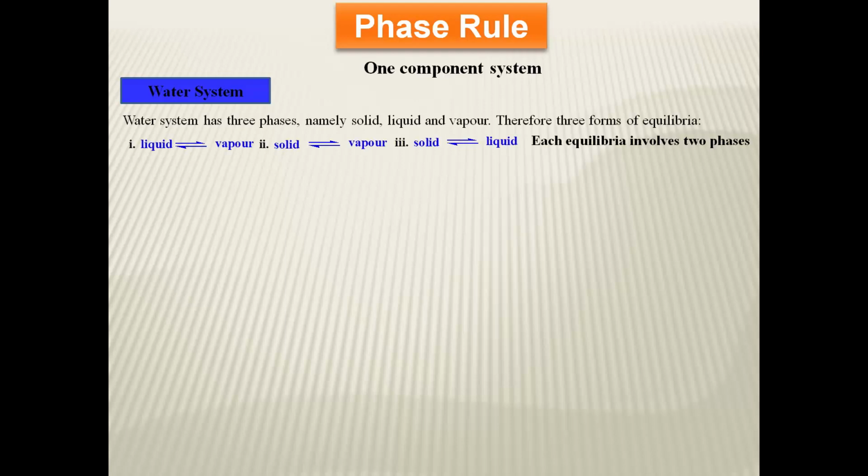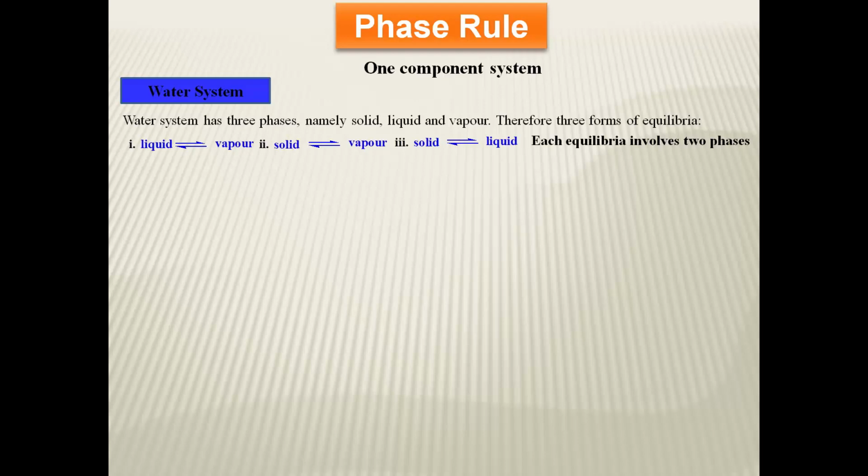Now, water has three phases, namely solid, liquid and vapor. Now, can these three phases, that is solid, liquid and vapor, be present at a particular condition, or can they coexist? If the answer is yes, then what are the temperature and pressure conditions under which all three can coexist?